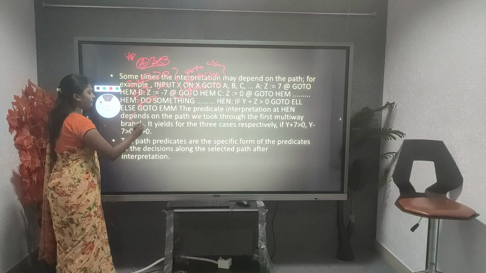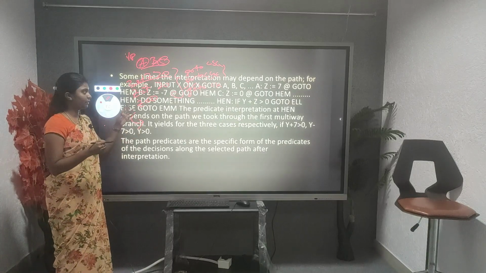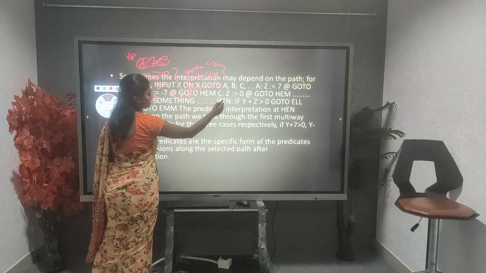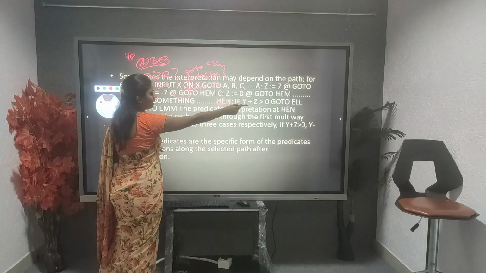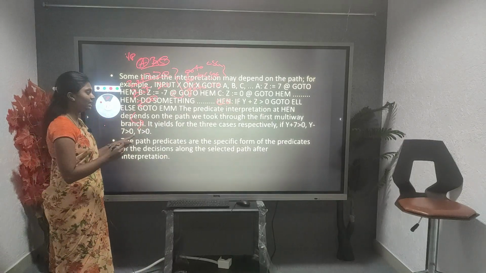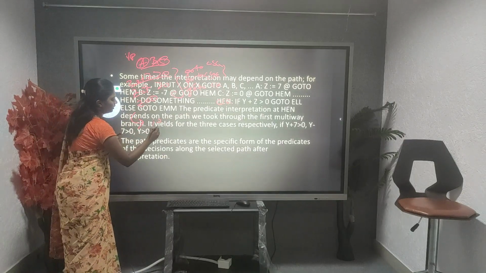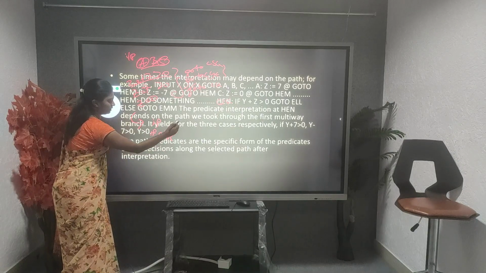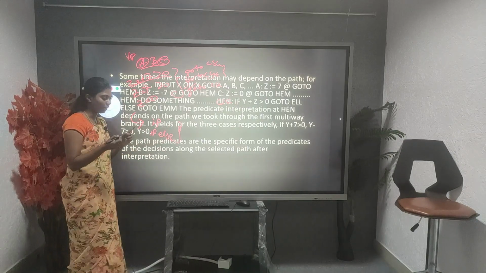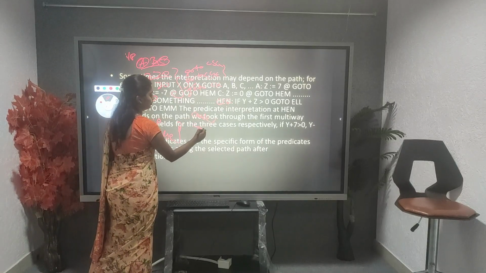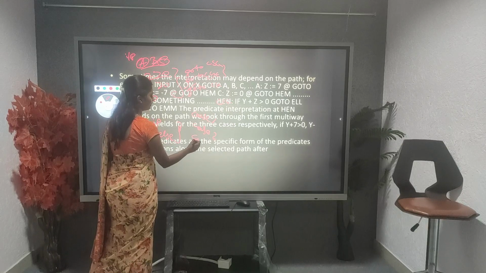After that, the statement which is predicated, here we are using if-else statements, or you can also add case 1, case 2, case 3.